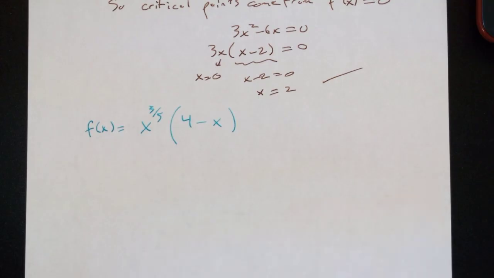X to the 3/5, a fifth root of x cubed, right? That's defined everywhere. It's not like a square root where I have to worry about things being positive versus negative. This is defined everywhere.